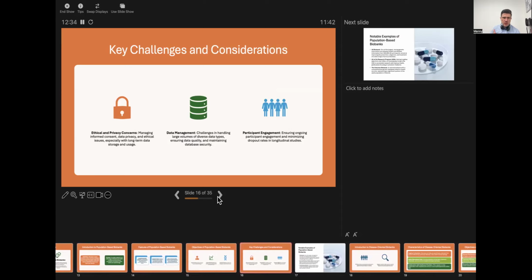Within the appropriate ethical and privacy concerns, so that we can manage the data in a way that complies with the wishes that the individuals sign for in terms of the usage, that the management of the data is properly handled, ensuring its quality and its accessibility for further research, and that the ongoing participant engagement is active so that it benefits the people who are supposed to represent those data sets rather than the big corporations.